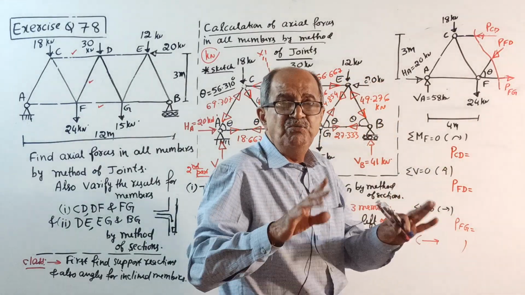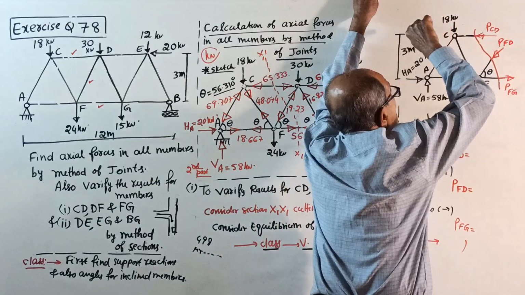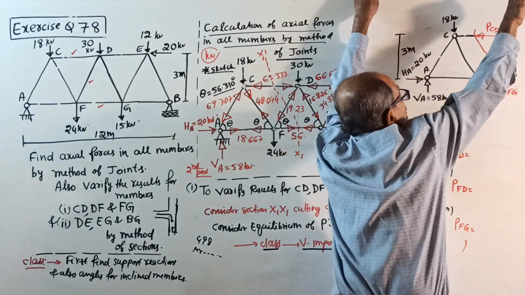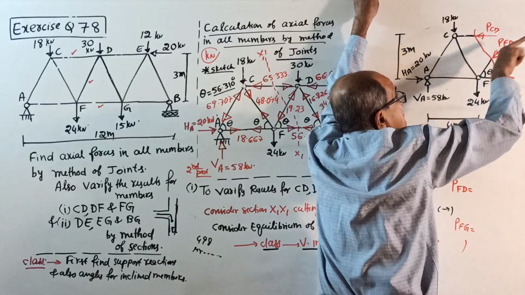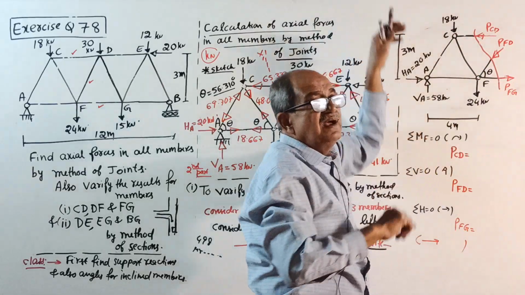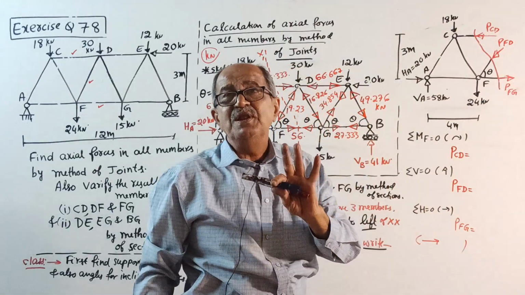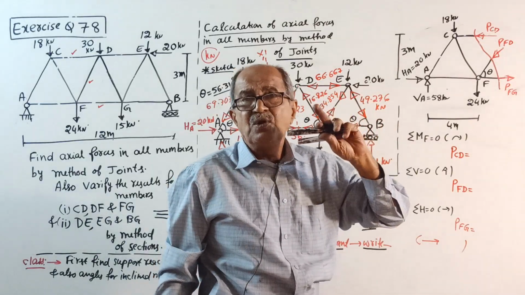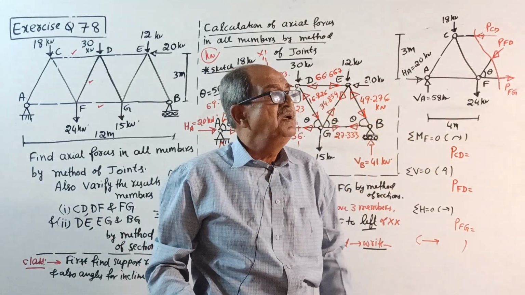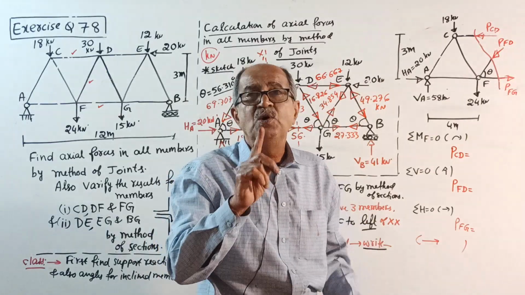I advised everybody to take the unknown acting outward, going away from the joint. I told everybody, assume like this. Later, if it is correct, plus sign will come, means tension for member. If it is wrong, negative sign will come, means the member is in compression.